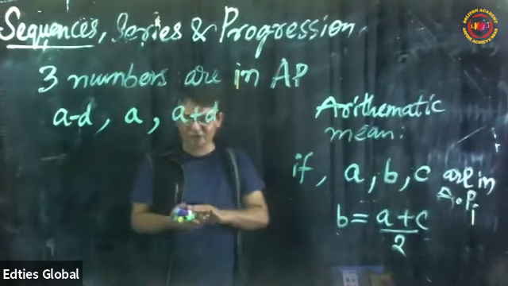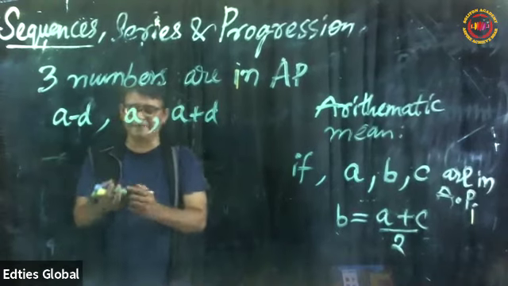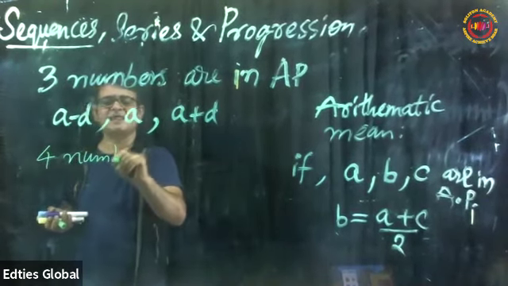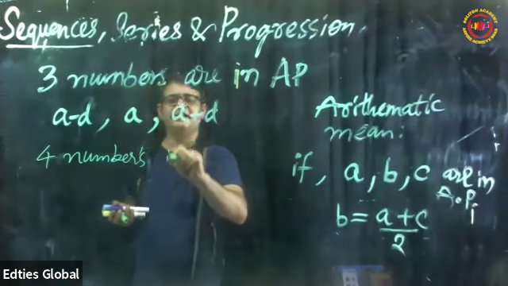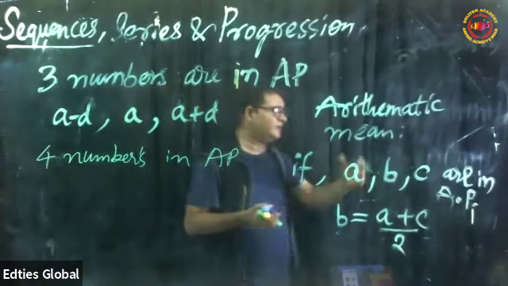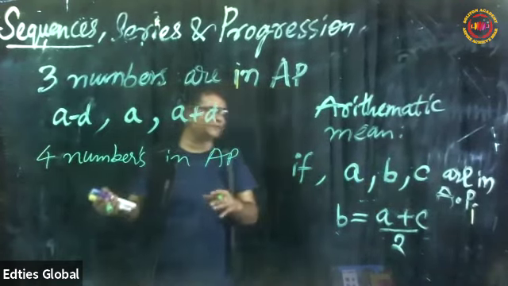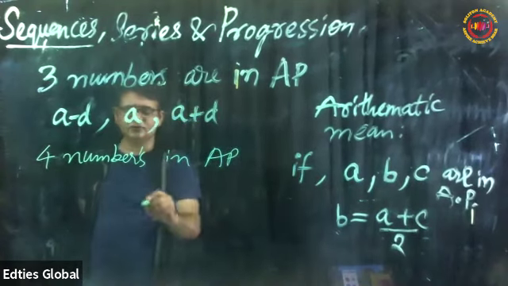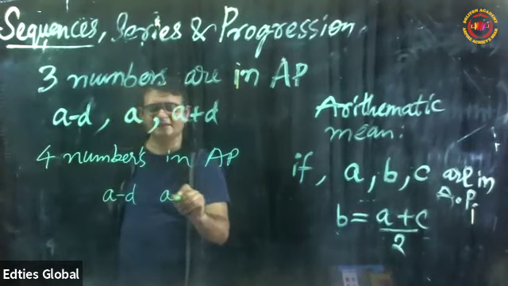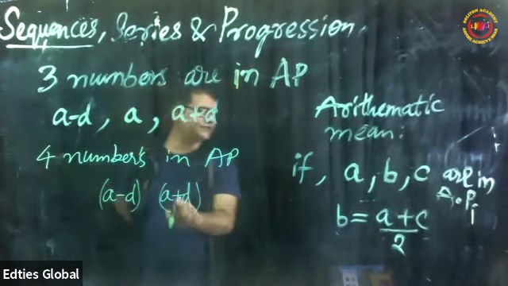So you try to be symmetric. Okay, so for example, if I ask you take four numbers in AP, you have to assume, and then in the question there are many things. Do this, do that, find this. Okay, then what you do is, I will take A minus D, A plus D are the nearest neighbor.